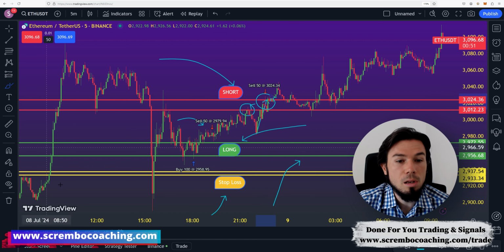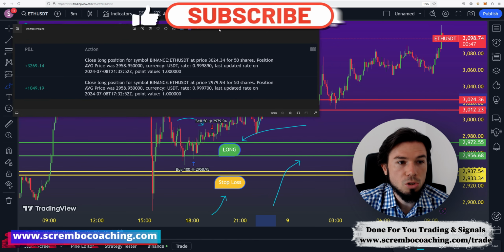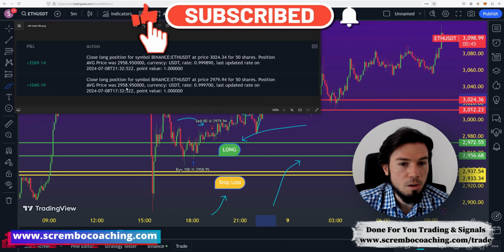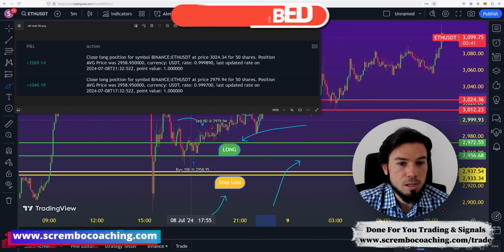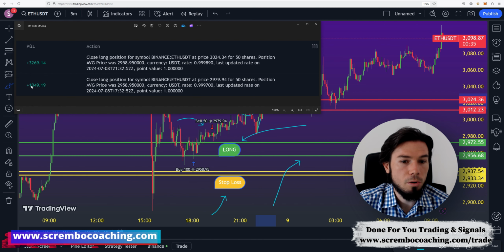What does it mean in terms of results? Well, we got our PNL set up right here. So the first position at 2,979, 50 Ethereums that we have closed, got us about $1,000.